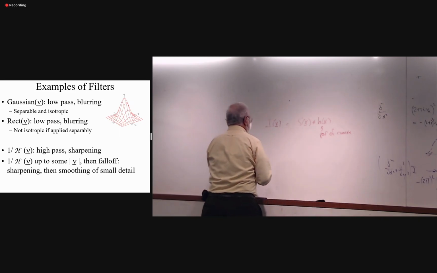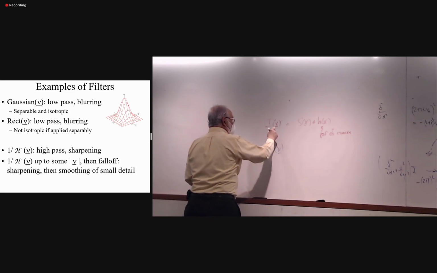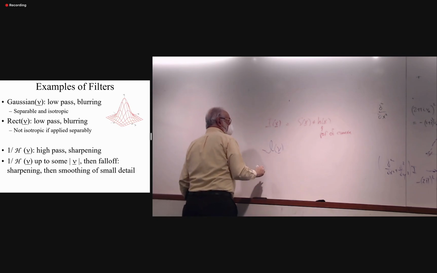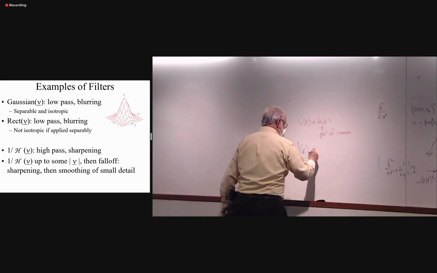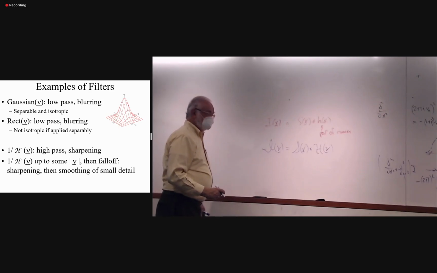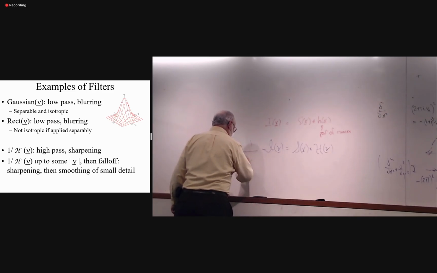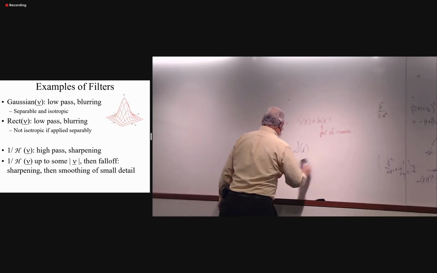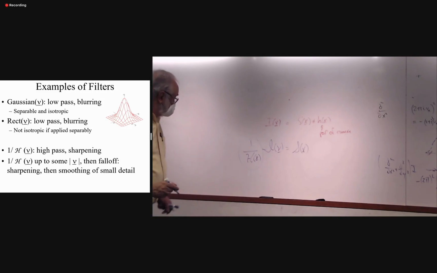And we know that that corresponds in the frequency domain to taking the Fourier transform of I, its representation in the frequency domain, and multiplying the Fourier transform of the scene by the Fourier transform of H. So it's fairly clear from that what we want to do is divide both sides by H. And now, if we take this as a filter, 1 over H, we'll get back the scene.